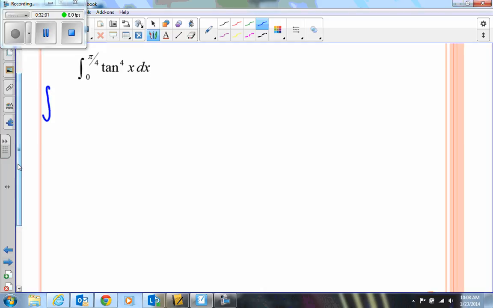How are we going to split that? Tangent squared and tangent squared. I know it's a lot. Come on, focus. Once we're here, and again I'm doing intermediate work, I'll go back and worry about my bounds later. Once we're here, what should we do?